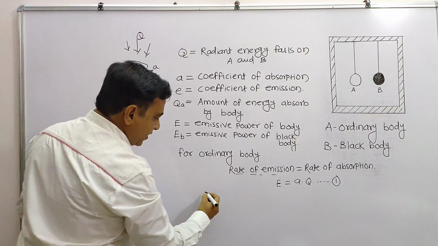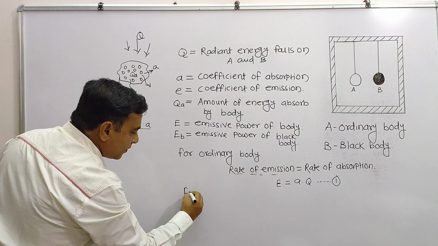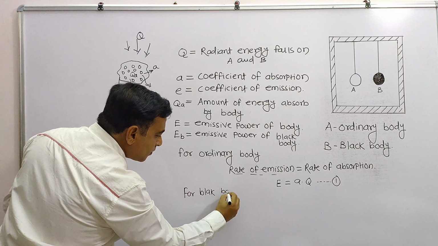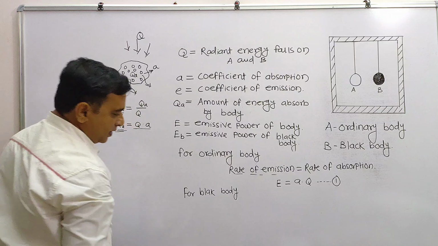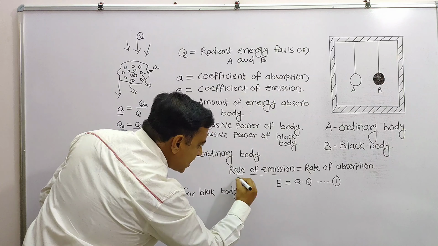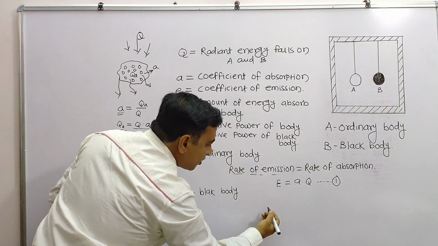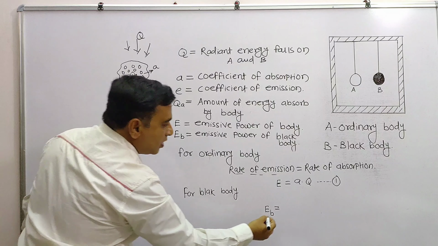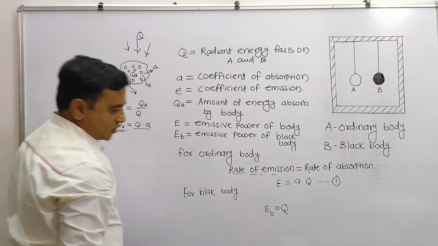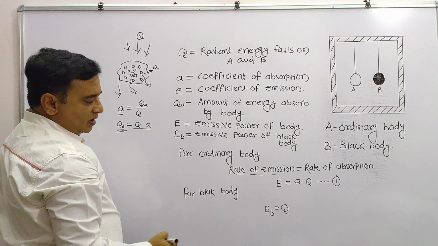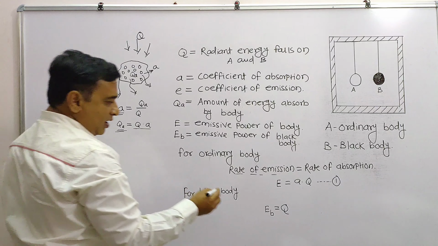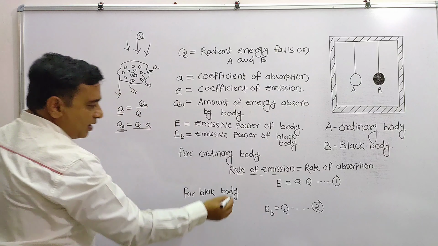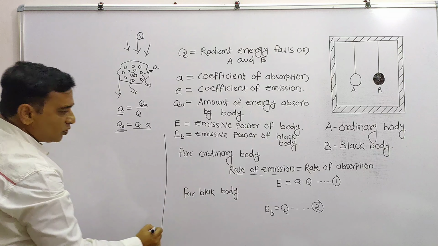Now what about the black body? For the black body, I consider the same: the rate of emission is equal to the rate of absorption, but that time whatever the emissive power, it is totally absorbed. I take this as equation number 2 and consider equations 1 and 2.